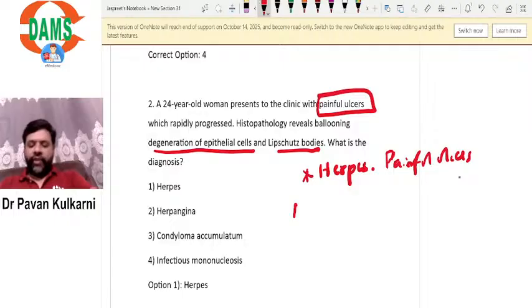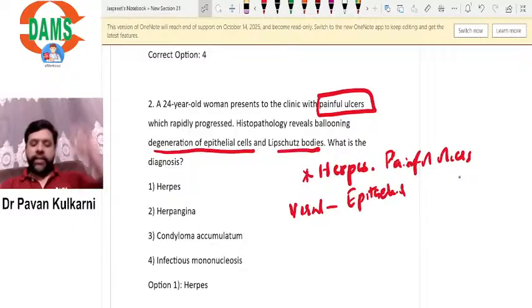Whenever a viral infection affects an epithelial cell, the virus will cause certain changes within the cell. Those changes are known as cytopathic effect.